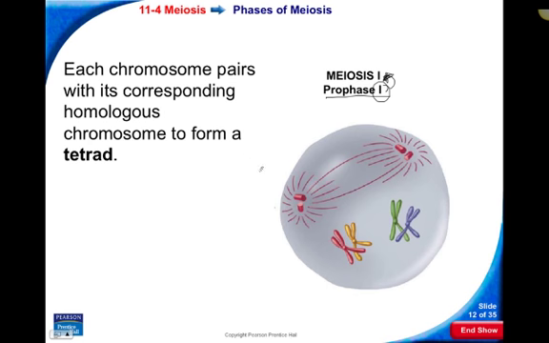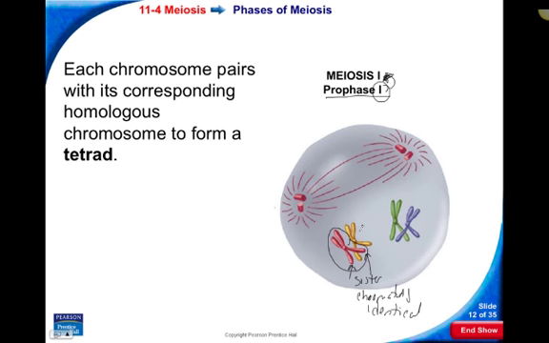Now, let's look at this. Here is our chromosome with 2 sister chromatids. These sister chromatids are identical.